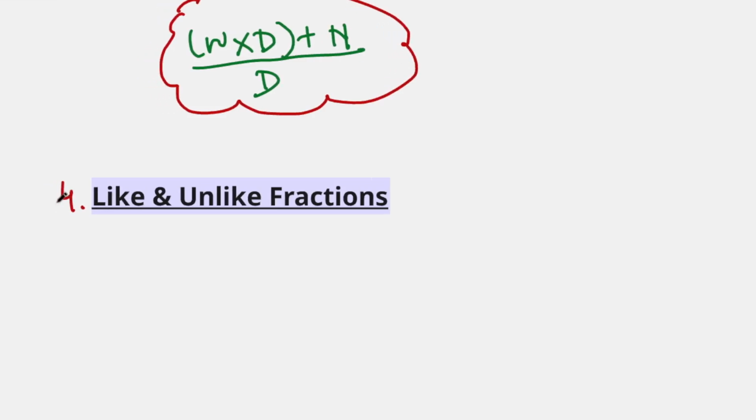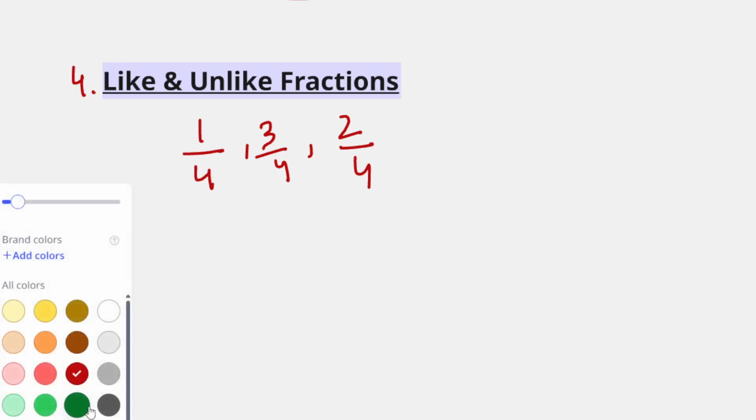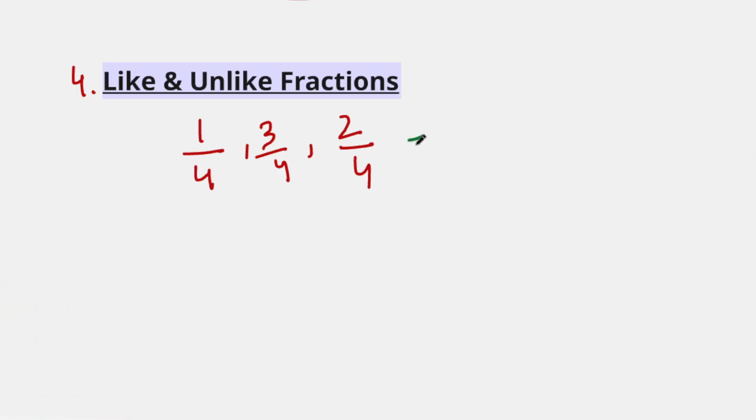Whenever you see different fractions with the same denominator, for example, you have 1 by 4 and 3 by 4, you have 2 by 4, they all have the same denominator. So they are like fractions. They have the same denominator.